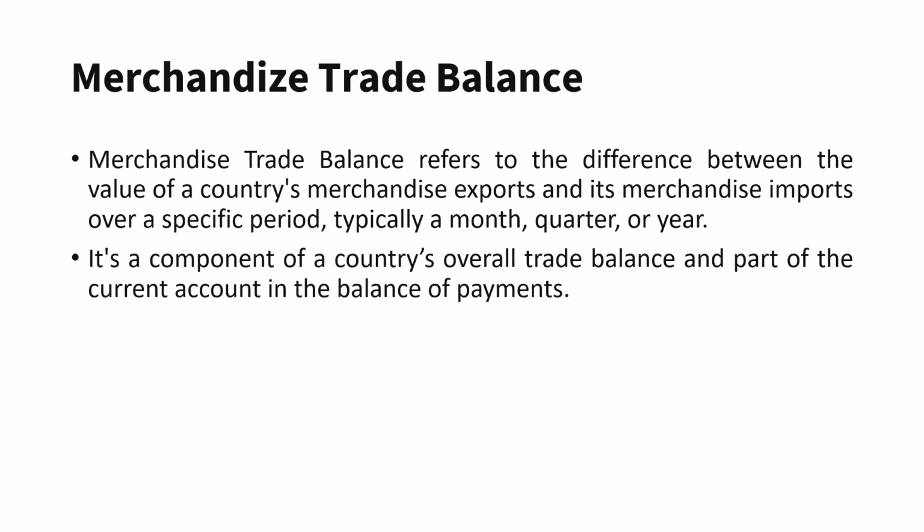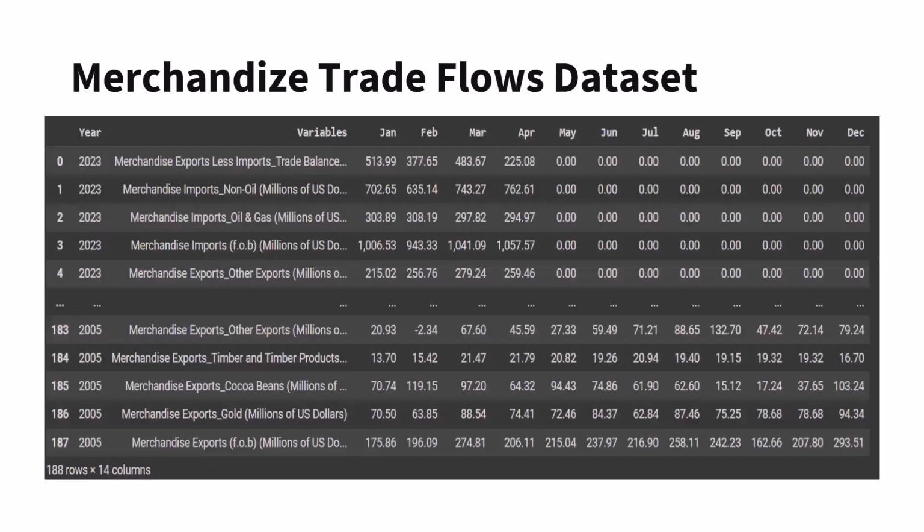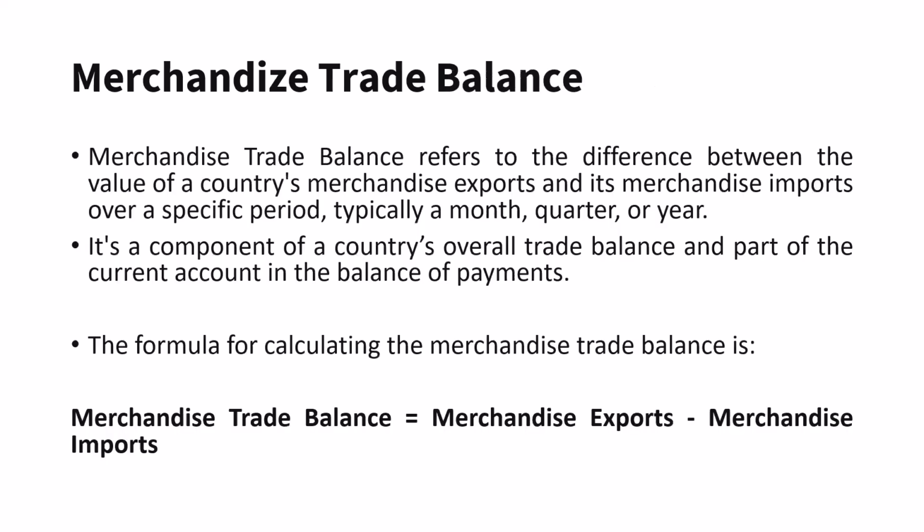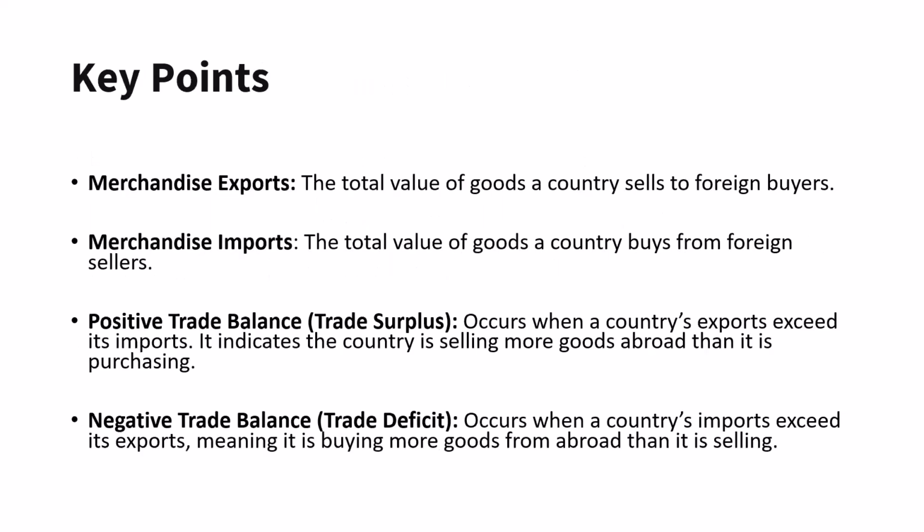So this is how the data set looked when we visualized it last week. We also talked about the fact that we can have what is known as a positive trade balance and a negative trade balance.